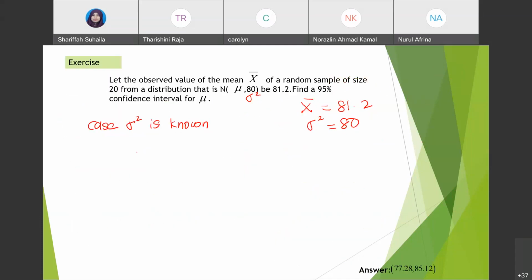You will have x bar plus minus z alpha over 2 sigma over square root of n. Okay, so first find what is your alpha. Same method. Remember back what you already learned in your first year. So 1 minus alpha is 0.95.